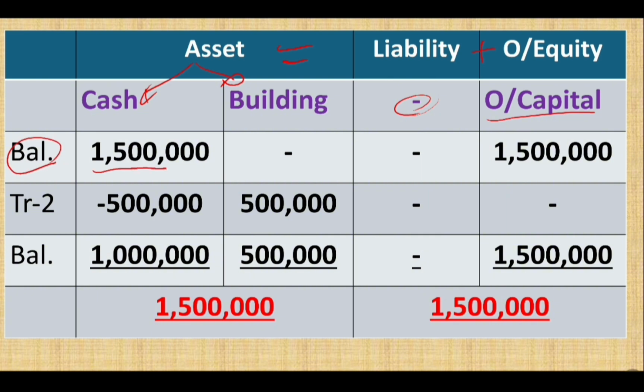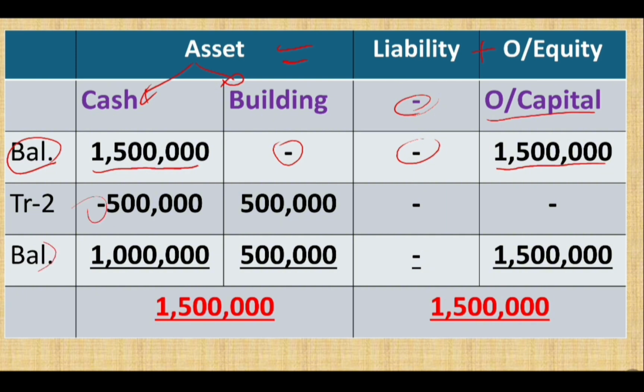This shows the balance of cash after transaction 1. The balance of cash after transaction 1 was 1,500,000 from the previous registration. There was no building on transaction 1. There was no liability, but the owner's capital was 1,500,000.